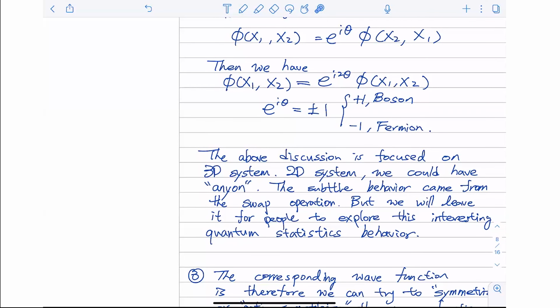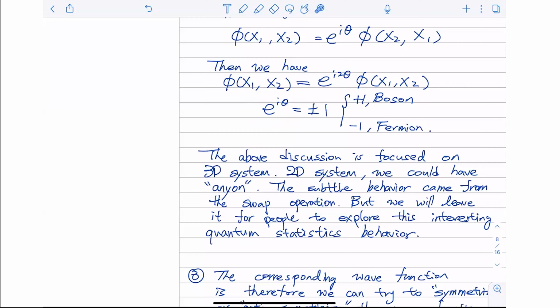Actually, dimensionality is extremely important in the study of quantum statistics, especially in the 2D system. In the 2D system, we could have something called anyon. That is basically the swapping of particles will not contribute a phase factor that is trivially +1 or -1.